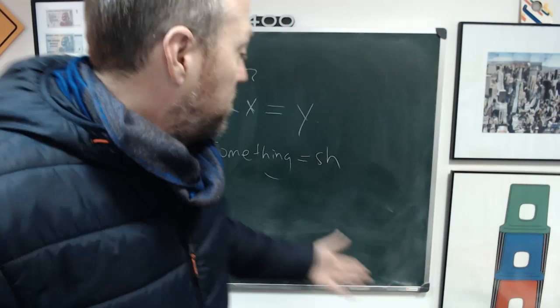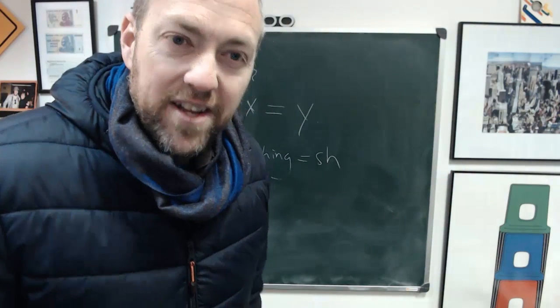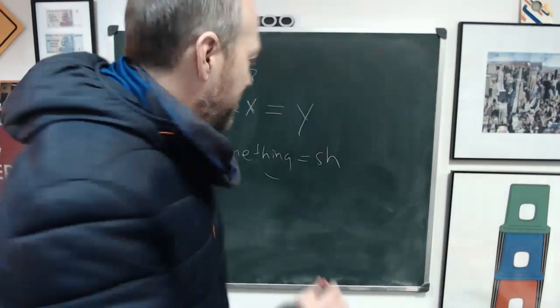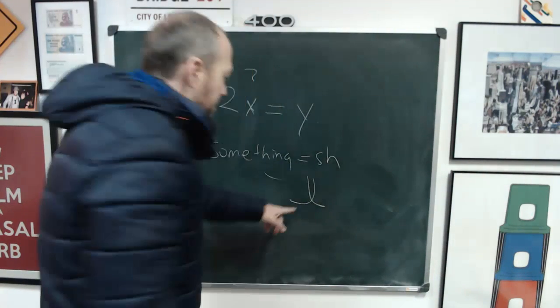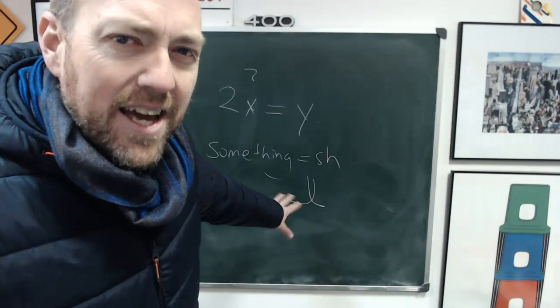So when the Arabs came to Spain with their mathematical discoveries, the Spanish wanted to translate these discoveries into Spanish. But there was a problem because there was no sh. So how could they translate these Arabic texts? Well, they decided to take the Greek letter chi, which looks something like this, okay?